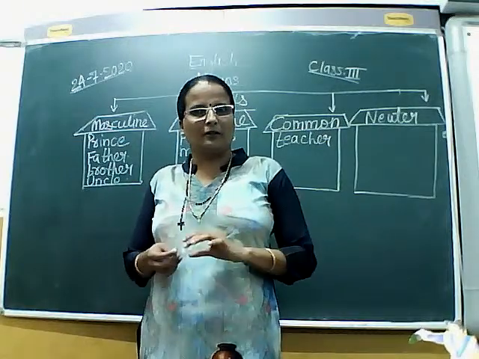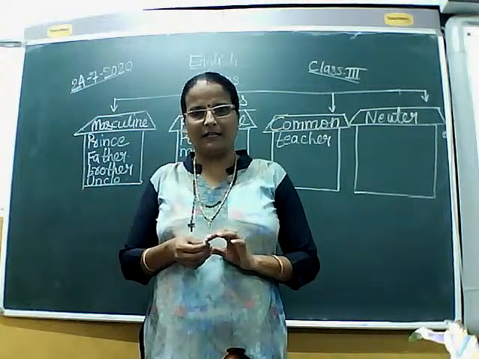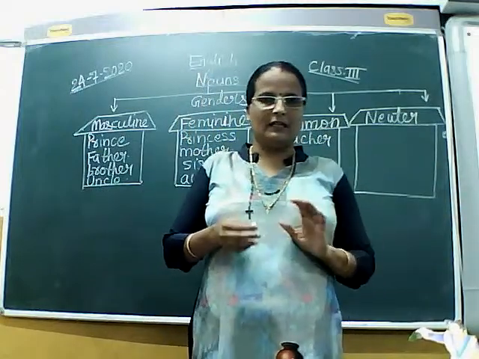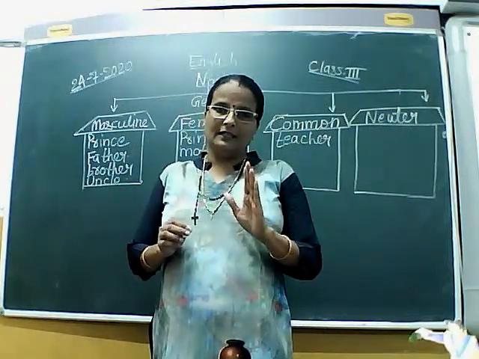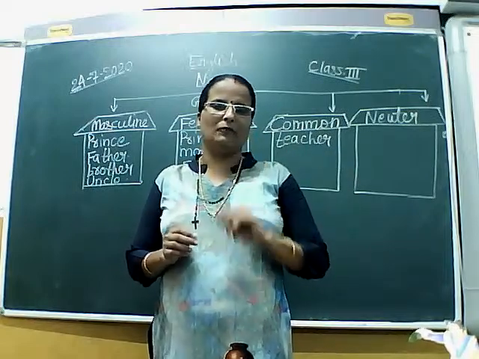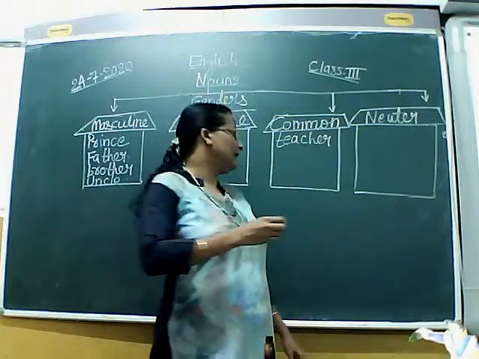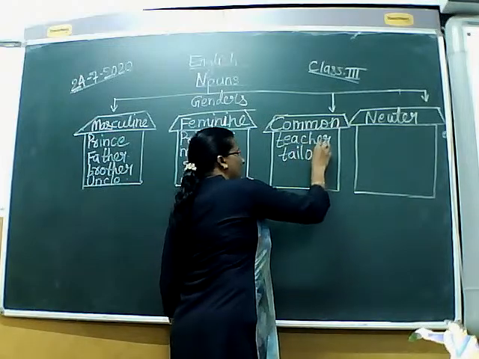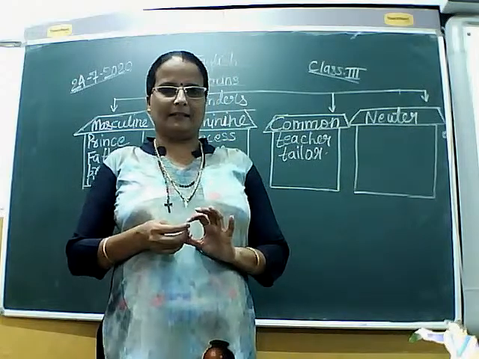You might have given your clothes to the tailor for stitching, right? Maybe you have given them to a female tailor, some of you might have given them to a male tailor. Whether the tailor is male or female, we use only one noun to speak about their profession, that is tailor. So we can say tailor is a common gender.